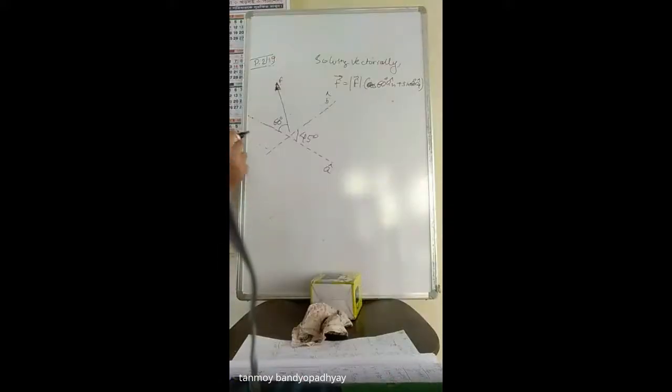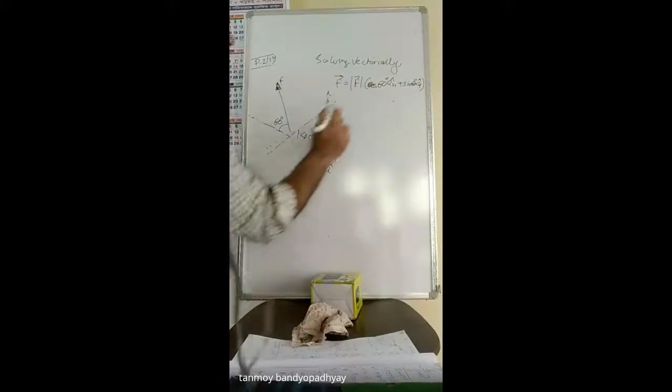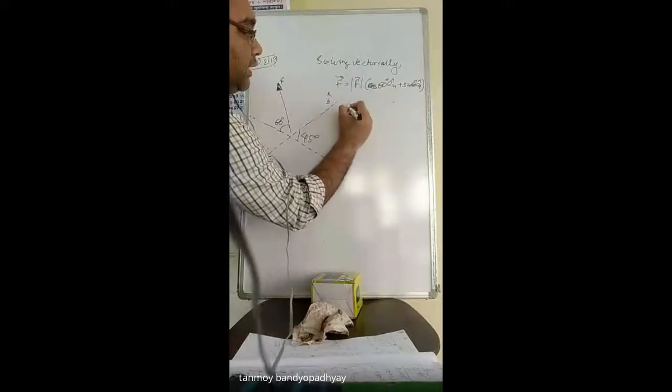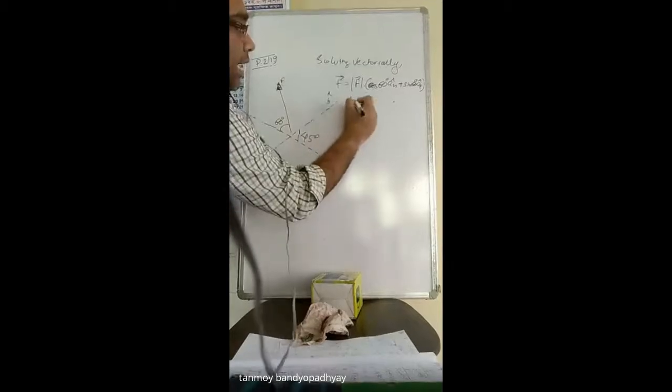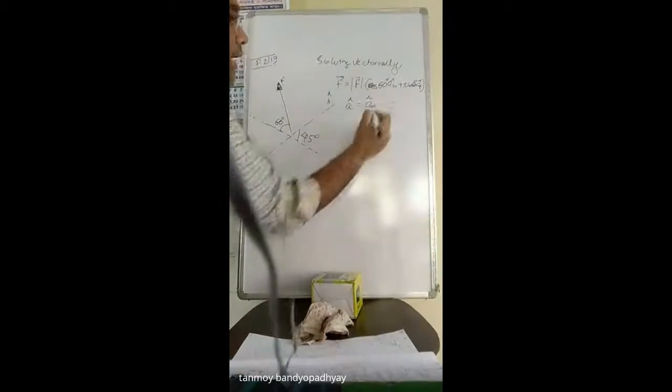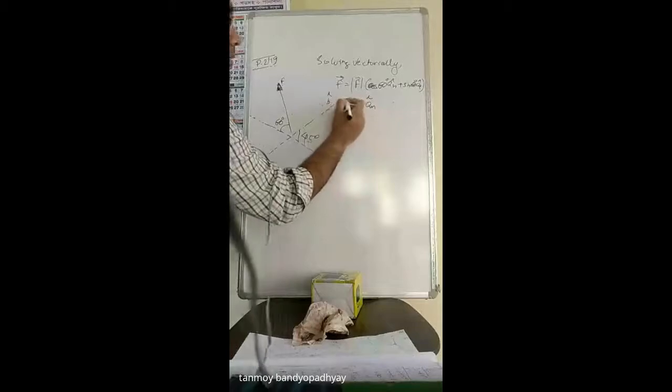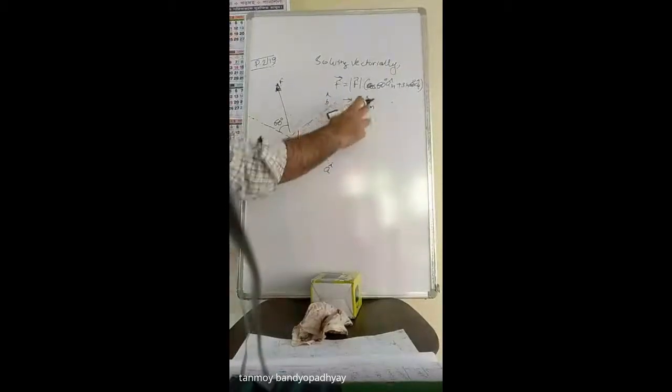So what is the unit vector in the a direction? A cap will be equal to an cap. Since it's a unit vector, vector A is 1 into an cap.